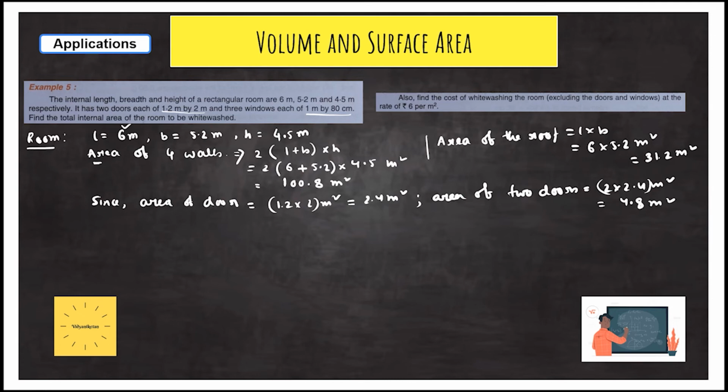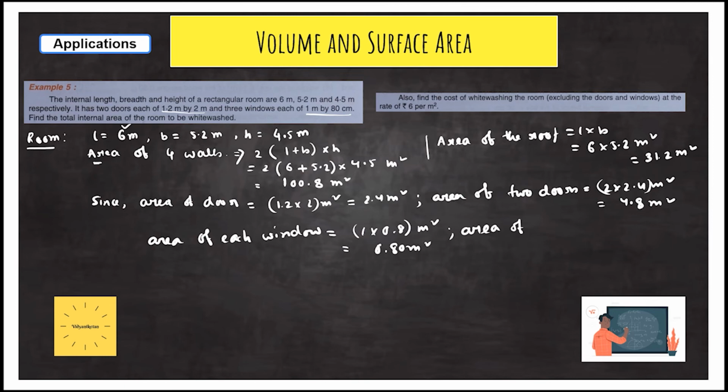And the area of each window, here see the dimensions, 1 meter by 80 centimeters. So 80 centimeter we are converting to meter, so 0.8 meter. So ultimately 1 into 0.8 meter square. So this is equal to 0.80 meter square.